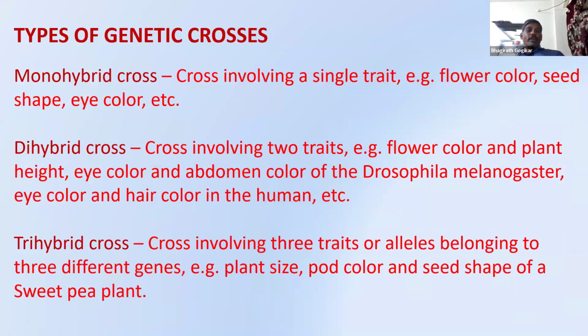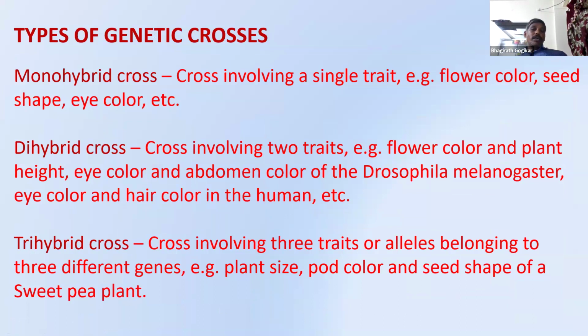Mendel performed 3 types of genetic crosses: monohybrid, dihybrid and trihybrid. Monohybrid means a cross between two plants selecting a single pair of contrasting characters.